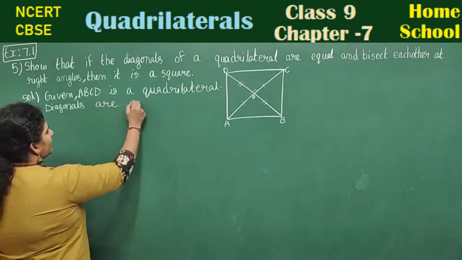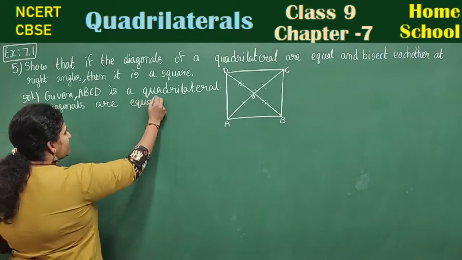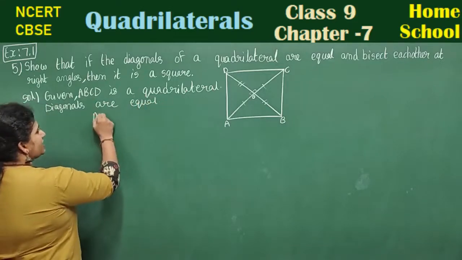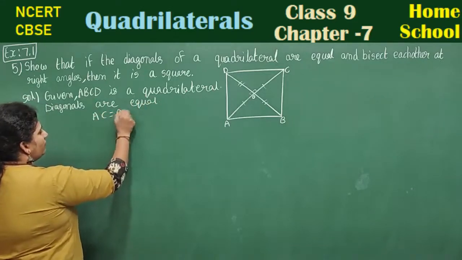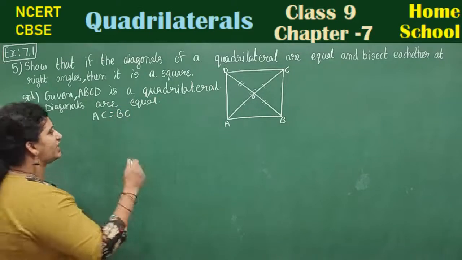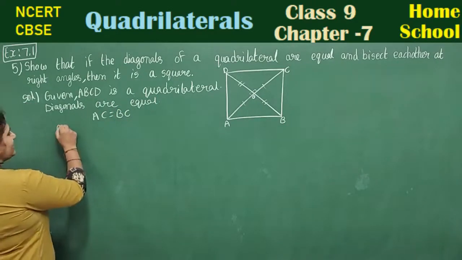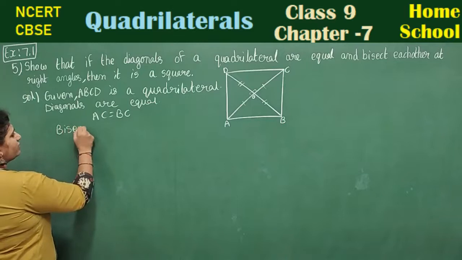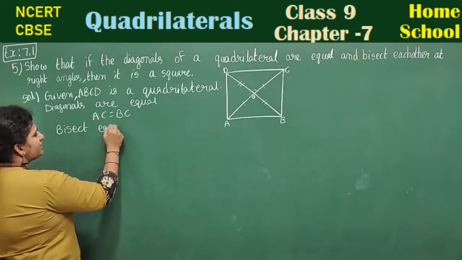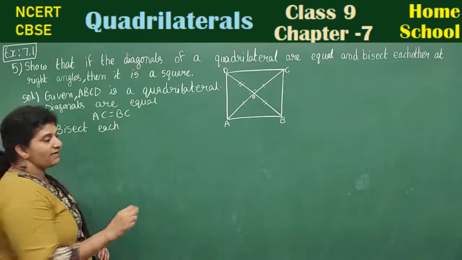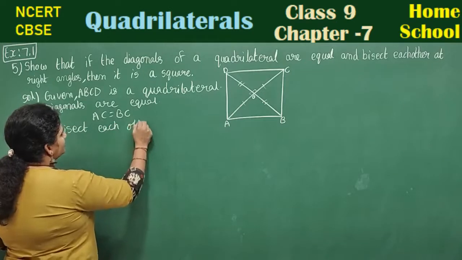Diagonals are equal. Diagonals are equal means what, children? AC is equal to BD. And your next statement, bisect each other. Which are going to bisect? Diagonals bisect each other.